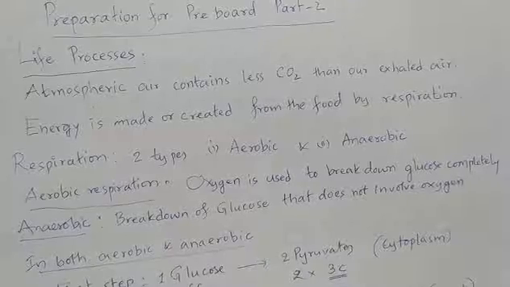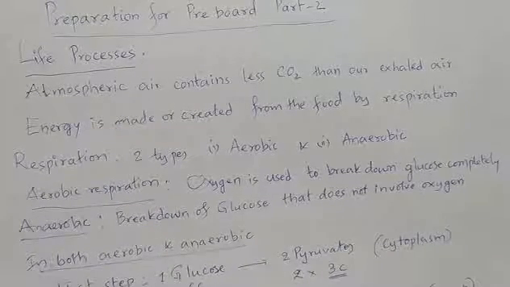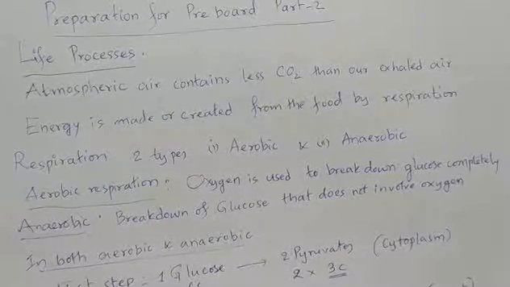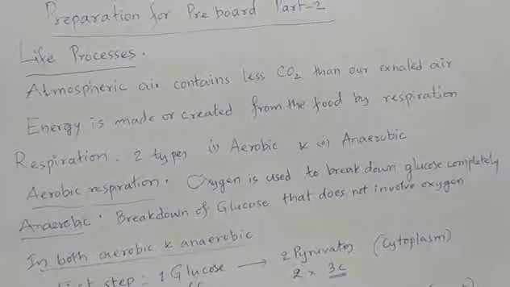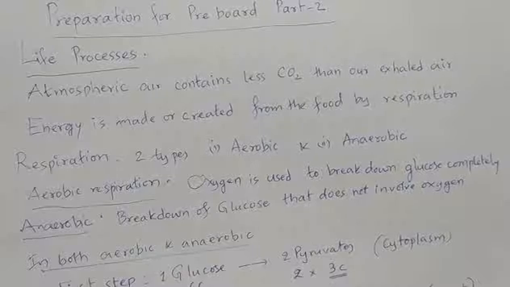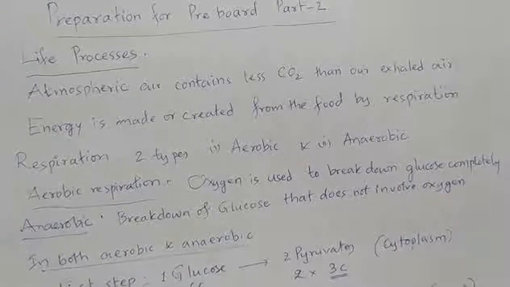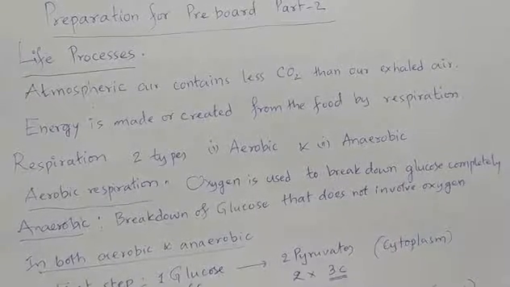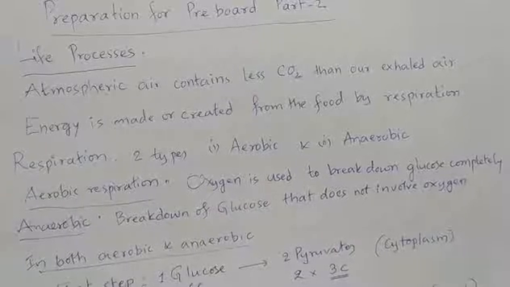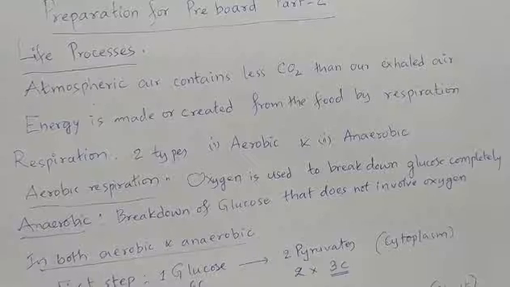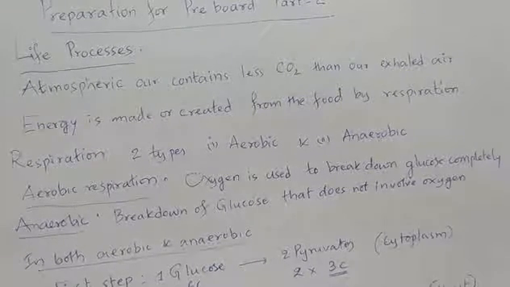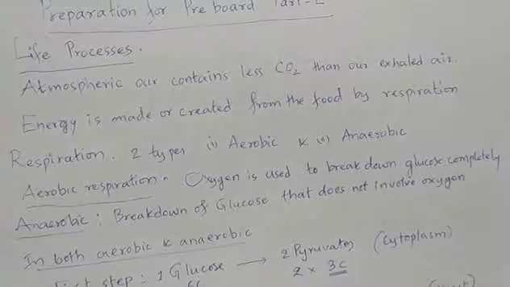Okay. By respiration, energy is created from the food that we take. Respiration is of mainly two types, aerobic and anaerobic. Aerobic respiration is the respiration in which oxygen is used to break down glucose completely.